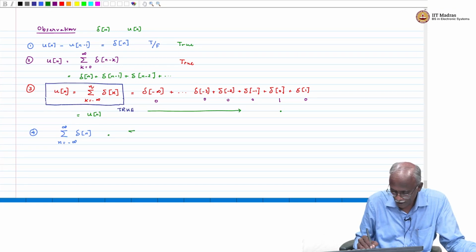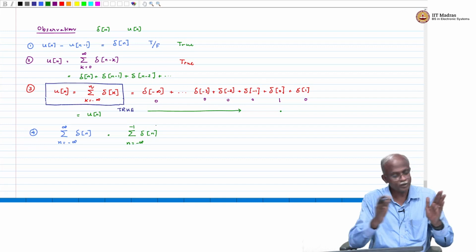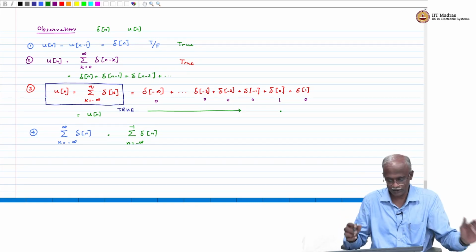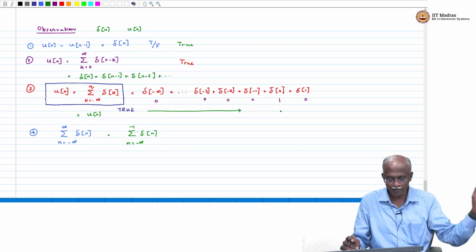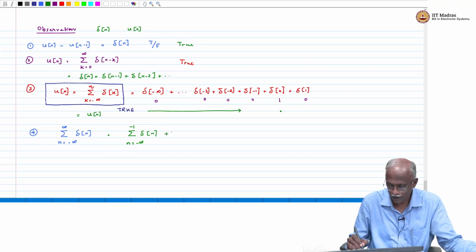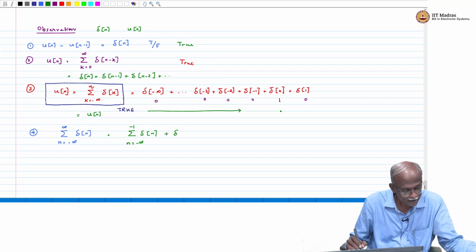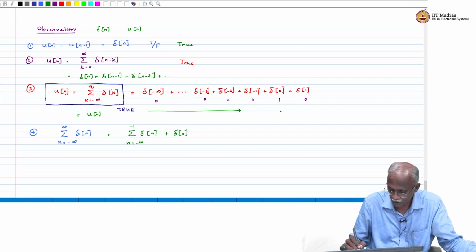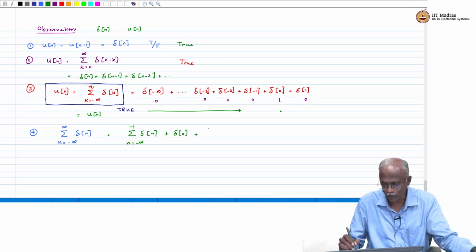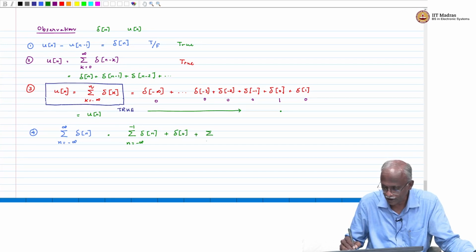So, let us write it down as summation n equal to minus infinity to minus 1 delta of n. I'm splitting the summation into 3 parts. The first one goes from minus infinity to minus 1. Then we have delta of 0. That's the sample where n equal to 0. Then you have the summation n equal to 1 through infinity delta of n.